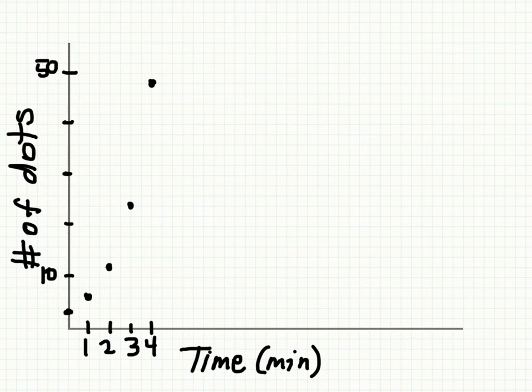Is it linear? No, it's not. It would not be a line because we don't have the constant slope like we did last time. It's not increasing by just a +4 or +3.5 or something like that. It's doubling every time, there's a ratio, but that doesn't represent a linear graph.